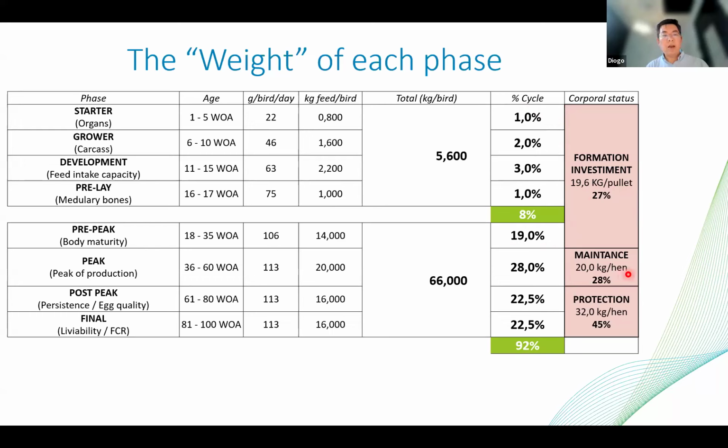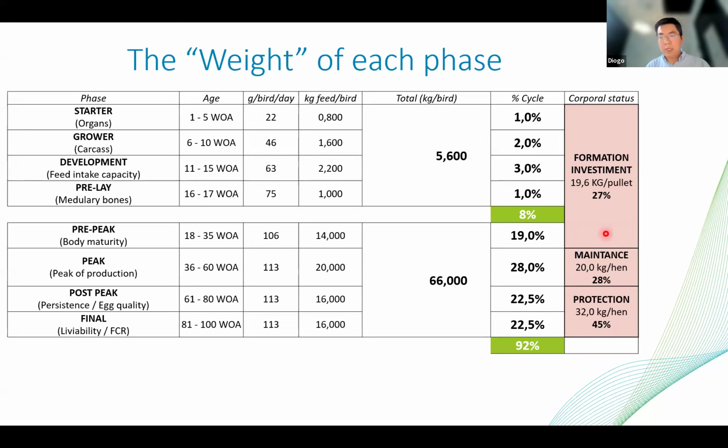Look that after 35 weeks of age until 100 weeks of age, if you sum 28 plus 47, it represents 73% of the total feed that the bird will eat during the whole cycle.